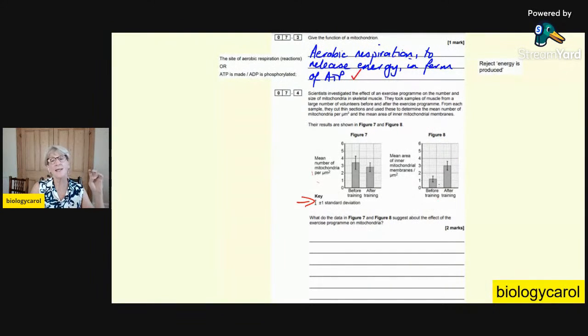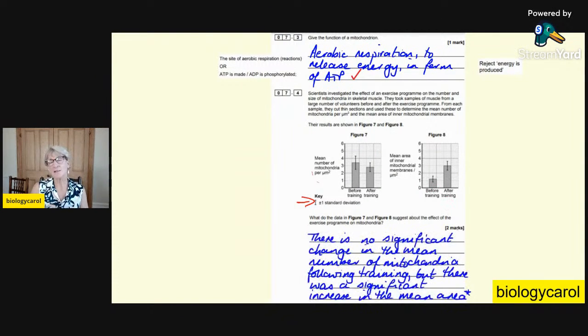And importantly, that difference, that change, is that it increases. Here's my little tip to you. If you ever want to write the word change or has an effect, try and think, can I actually use the word increase or decrease?